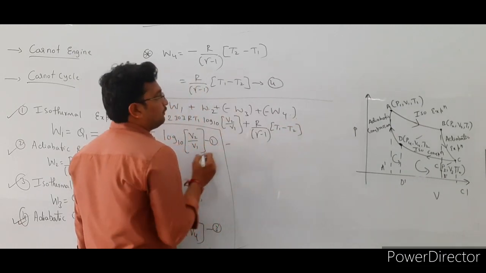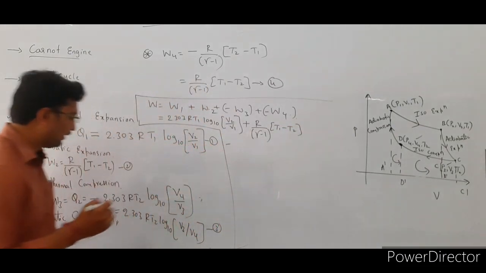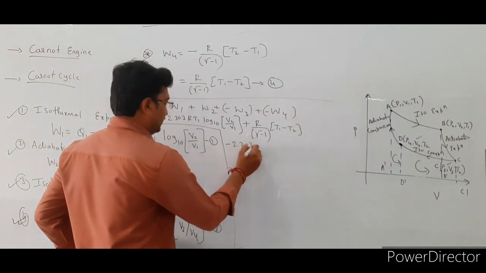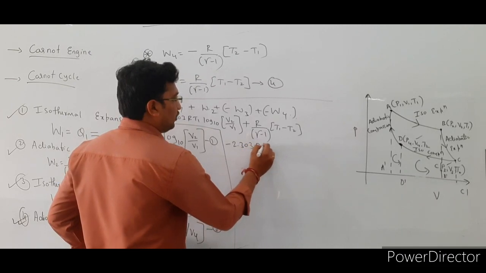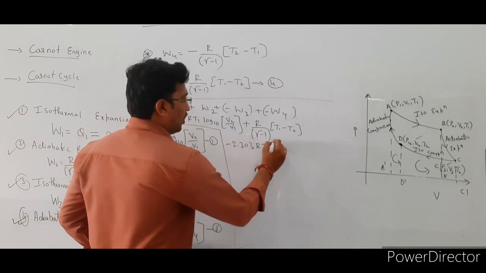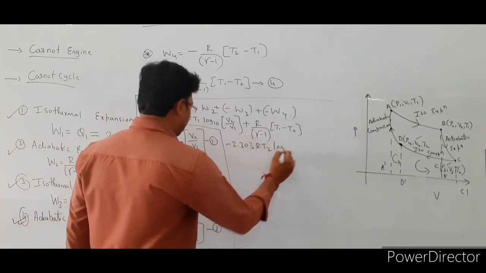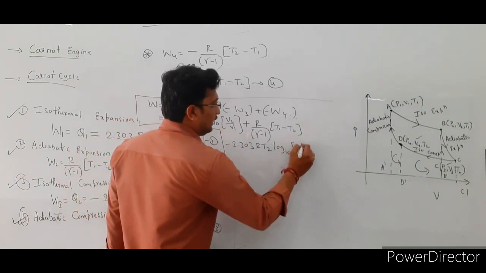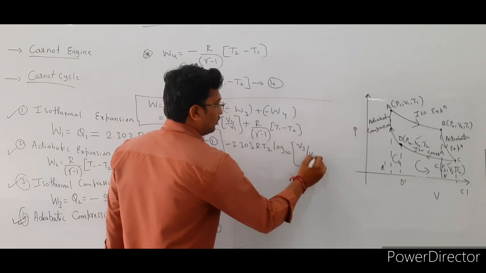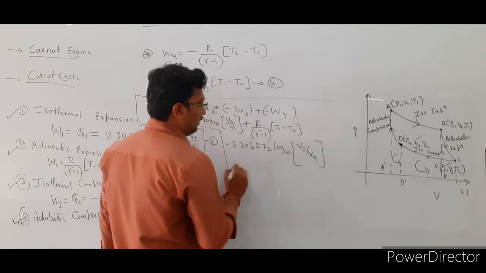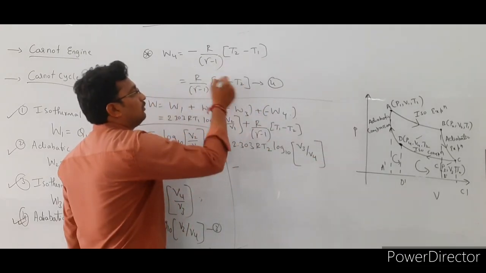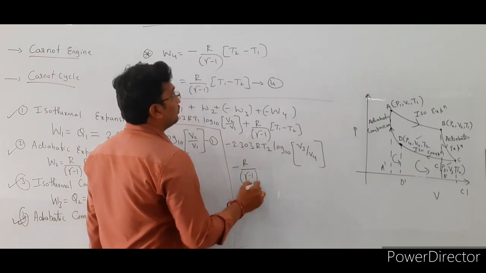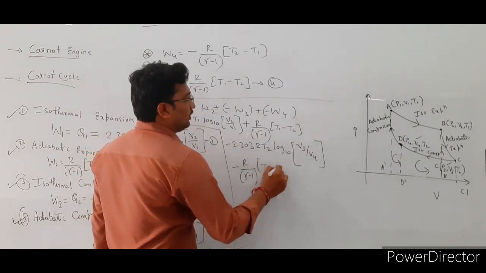Next W3 minus, what is the W3 value here? That is 2.303 RT2 log base 10 V3 by V4, minus the W4 value, that is R divided by gamma minus 1 T1 minus T2.